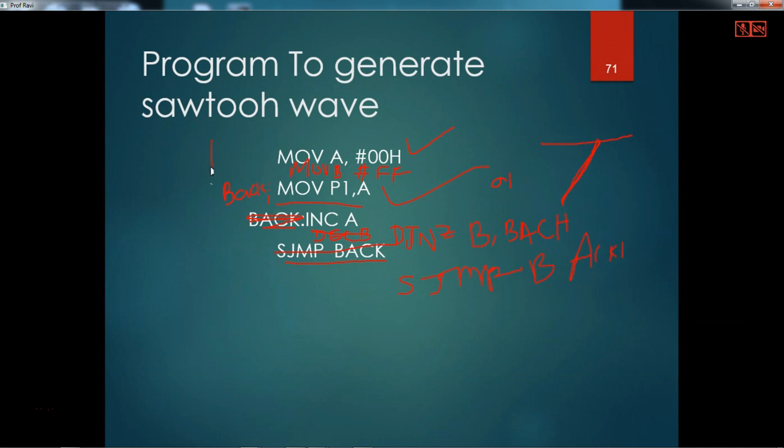Here back 1 is this: it is a decrement, and if it is not 0, you send it to port 1. Once it is 0, it comes down, and you jump to this again, giving 0, 0, 0. Then you start the process again.